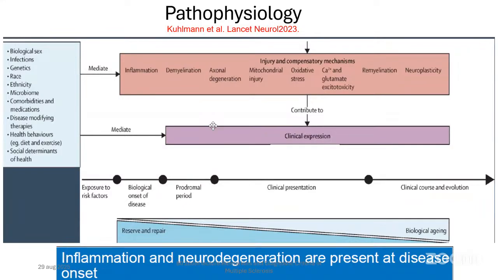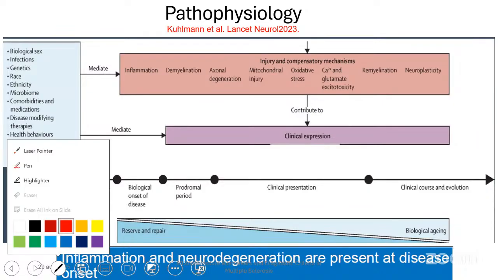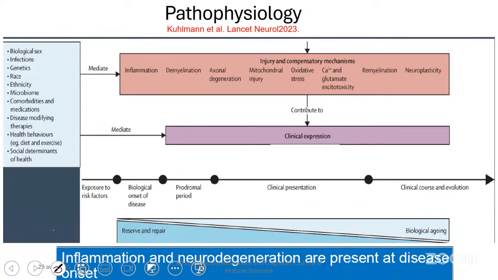So if you look at the etiology and the pathophysiology, there is inflammation, demyelination, axonal degeneration, and also mitochondrial injury, oxidative stress, remyelination, neuroplasticity. They all contribute to the clinical expression. You can see on this side, the biological sex, infection, genetics, race, they all play a major part in the clinical expression of the disease.